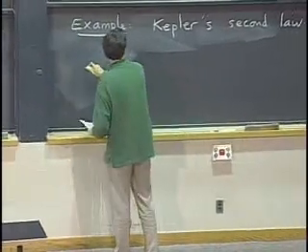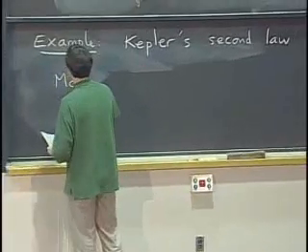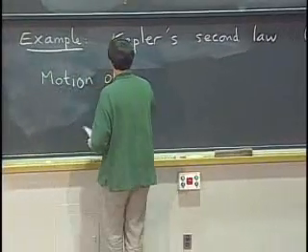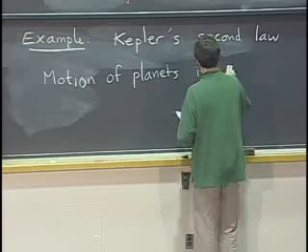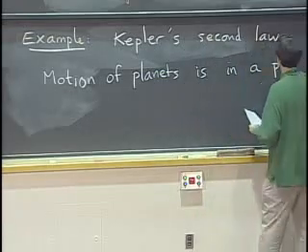So what Kepler's second law says is that the motion of planets is, first of all, they move in a plane.